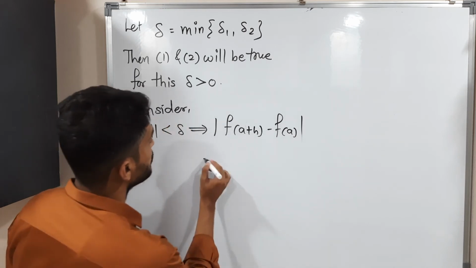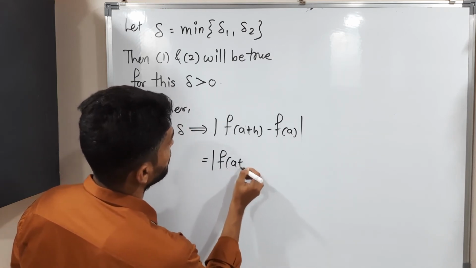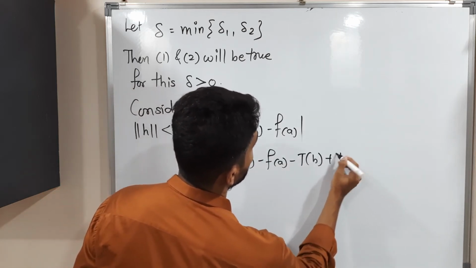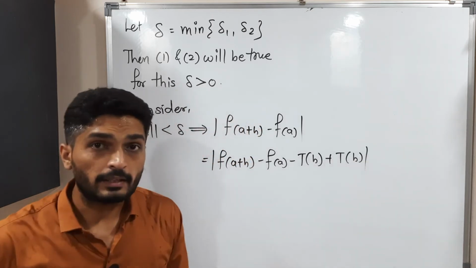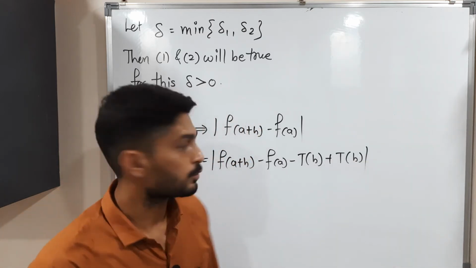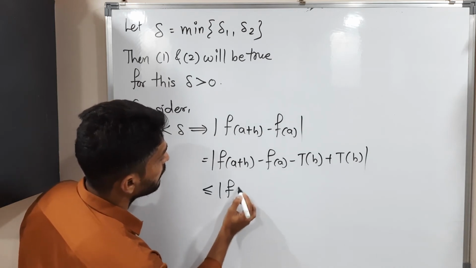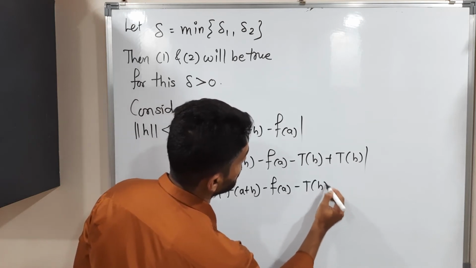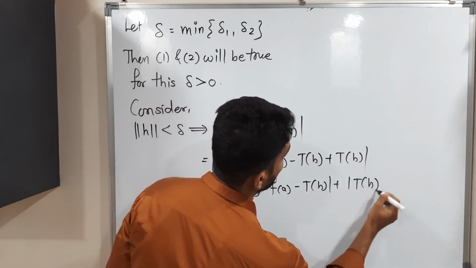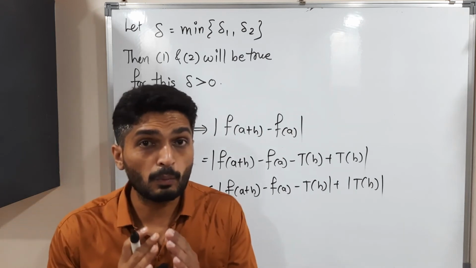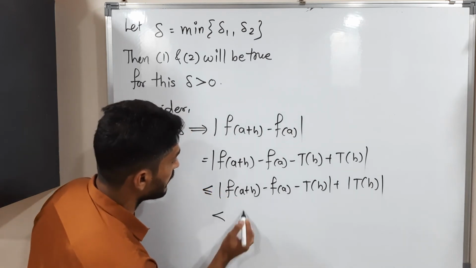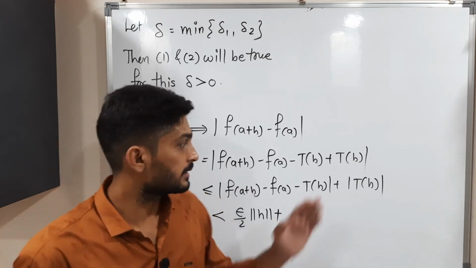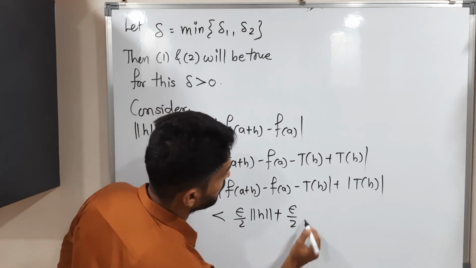So this is equal to mod f of a plus h minus f of a minus T of h plus T of h. You know that if I take separate mod, the value will increase. So this is less than or equal to mod f of a plus h minus f of a minus T of h plus mod T of h. Statement number 1 says the first is less than epsilon by 2 norm h. Statement number 2 says the second is less than epsilon by 2.